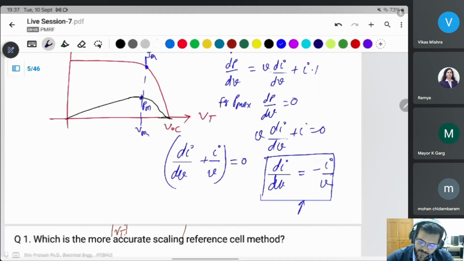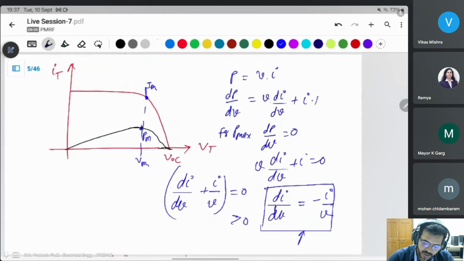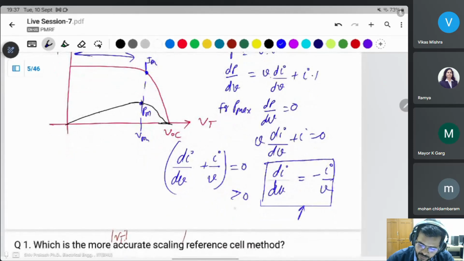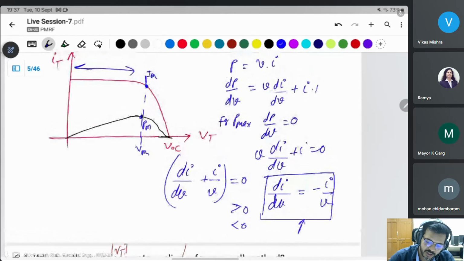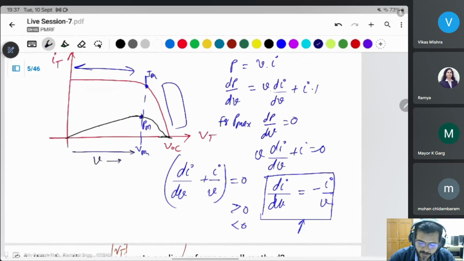For maximum power, it will be greater than 0 on one side. It means the left side is here. If it is less than 0, then it will be here. If you go from here to here, the voltage is increasing but the current is decreasing in nature.